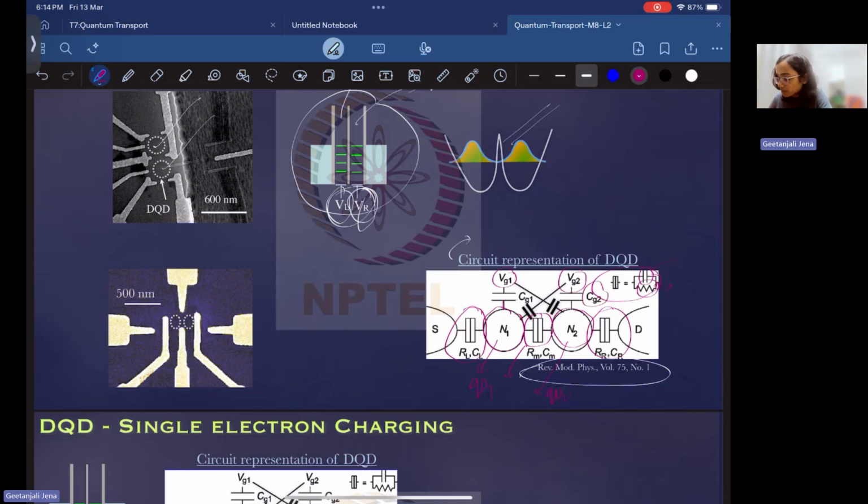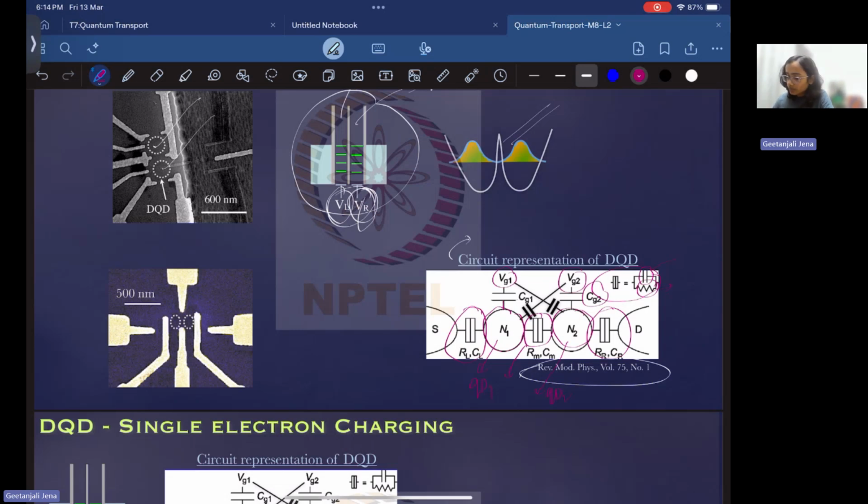There are also intercoupling capacitors, which control the electrostatic potential of the other dot when we apply voltage to one of the dots.